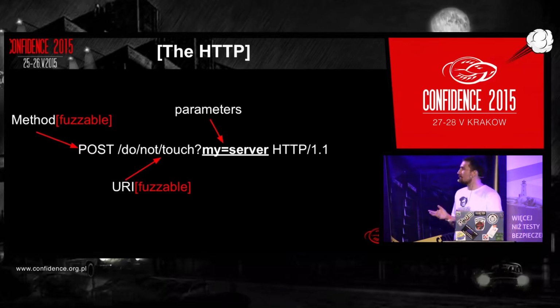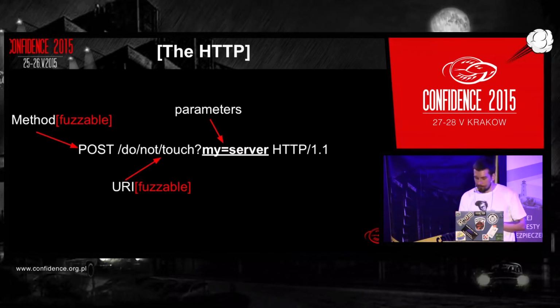The third set of data being fuzzed is the parameters data. Parameters data is a set of name-value pairs with an equals sign between them. Each pair is separated from the other pairs by an ampersand.